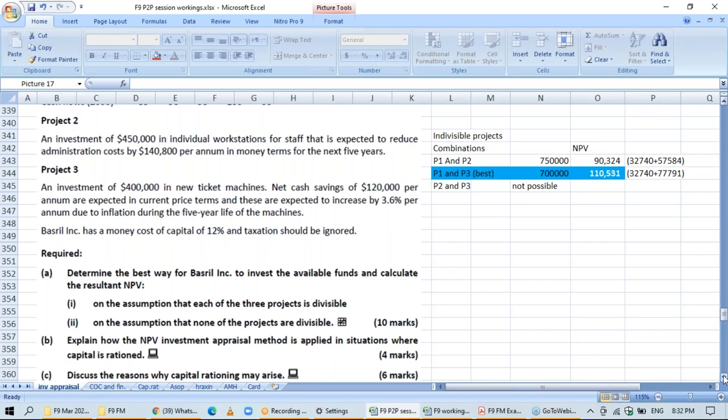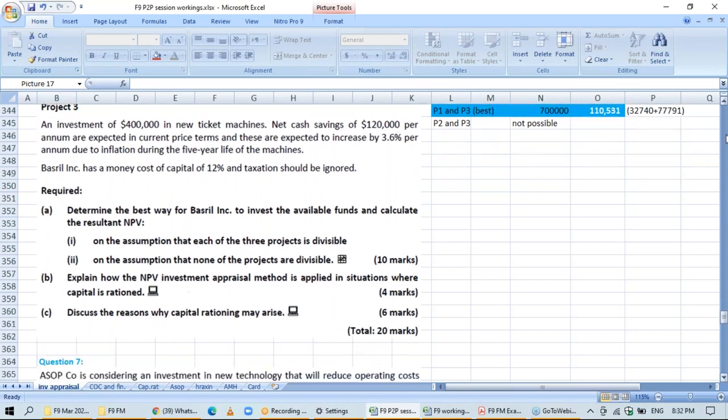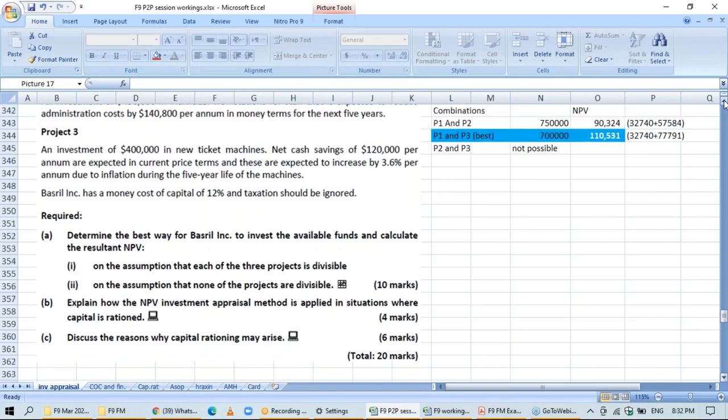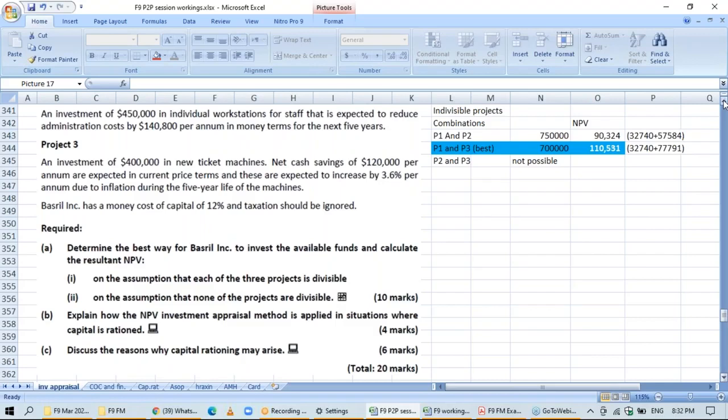The requirement B, explain how the NPV investment appraisal method is applied in situations where capital is rationed. What the question is asking about is that when capital rationing is applied, the funds are short.